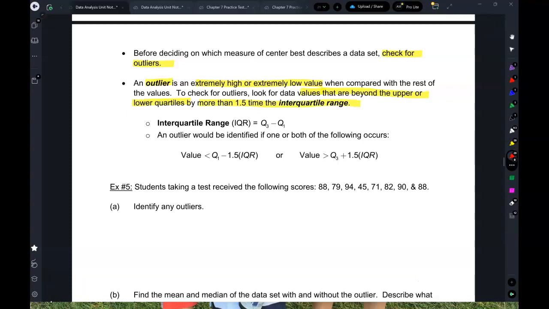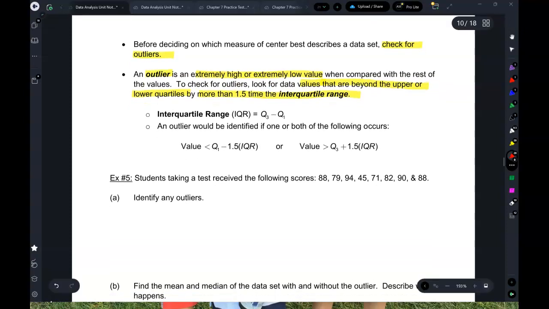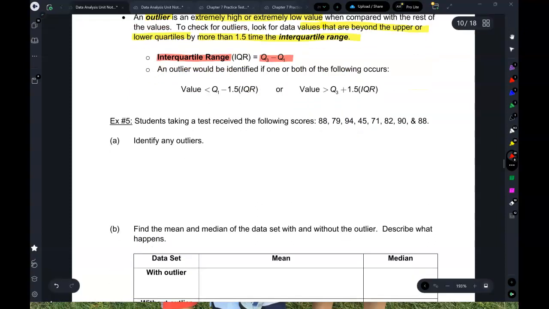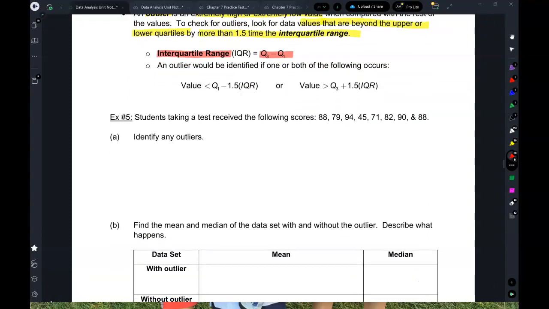Okay, that just became a lot of words, so let's parse it. There is this thing called the interquartile range, and all it is is Q3 minus Q1. You take that number and multiply it by 1.5, and we go from there. So let's go ahead and do that here. Are these scores sorted? They are not. Let's sort them.